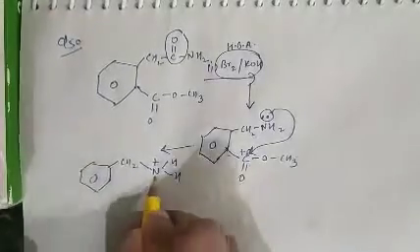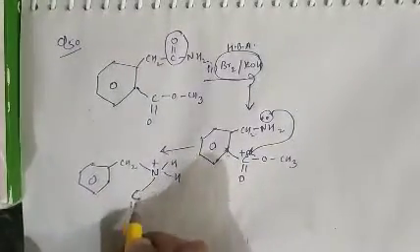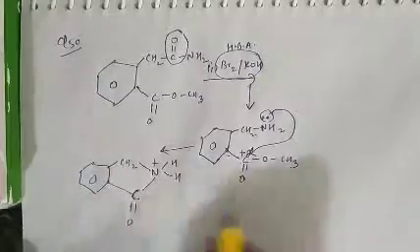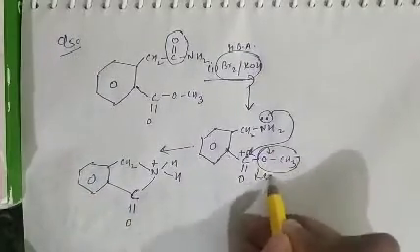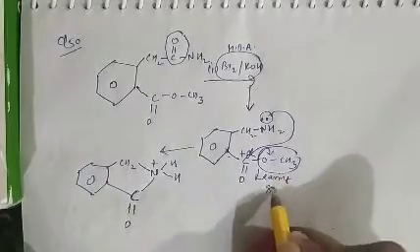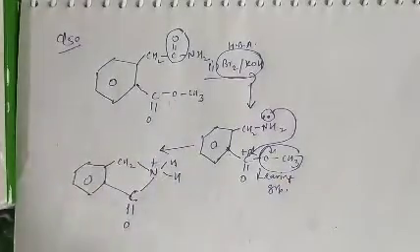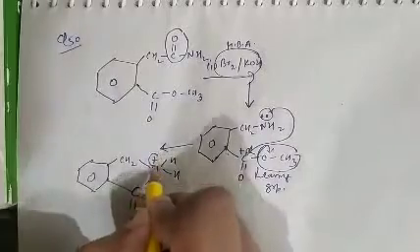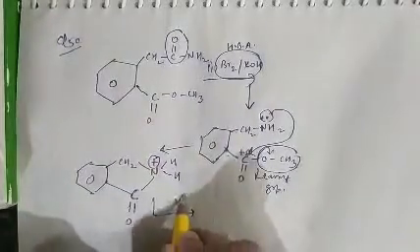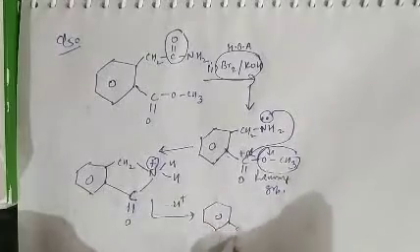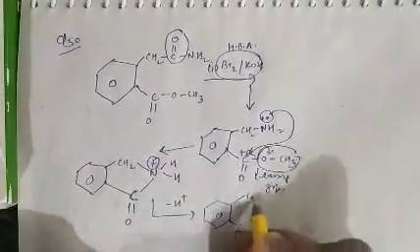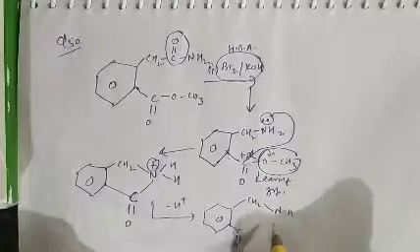Now the NH attached with the C double bond O group, and this group will be removed as a leaving group. Now the positive charge on nitrogen is unstable, so H plus will be eliminated. So the final product will be this one, C double bond O, CH2, NH.